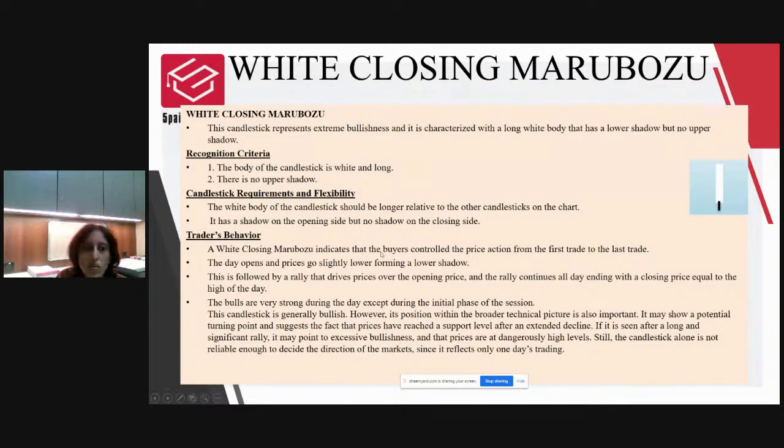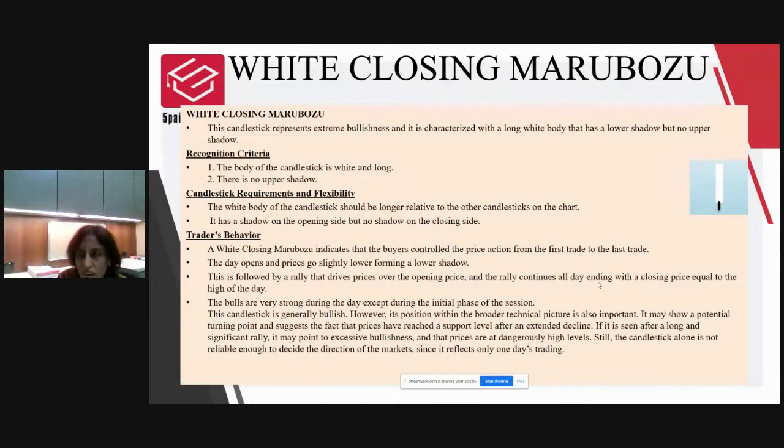Right? So if you ever happen to see a white closing MARUBOZU, it indicates that the buyers control the price action from the first trade to the last trade. The day opens and the prices go slightly lower, forming a lower shadow.